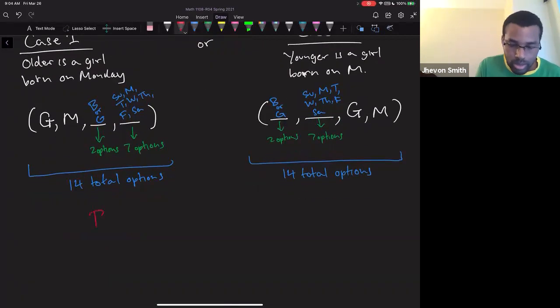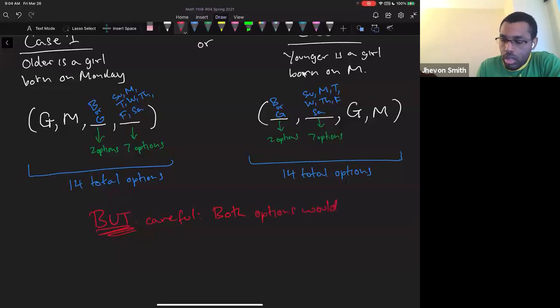But careful. Both options include one particular guy, GM. You'll notice that I can pick that for both options, so I'm kind of double counting there.